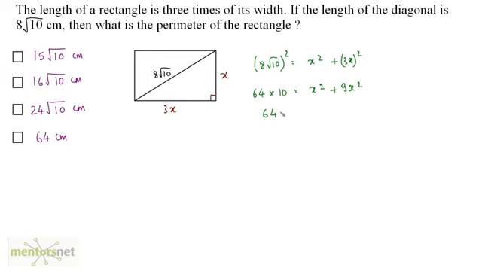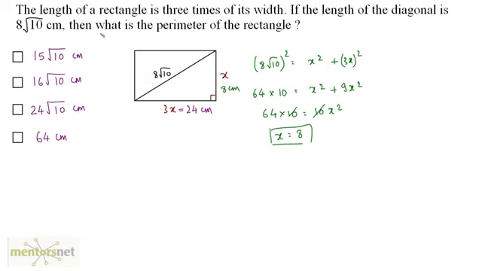So 64 times 10 is equals to 10x square. This 10 and this 10 gets cancelled out. X is equals to under root of 64, and that is 8. So we have the width, that is 8 centimeter. And 3 times 8 is 24. So the length of this rectangle is 24 centimeter.